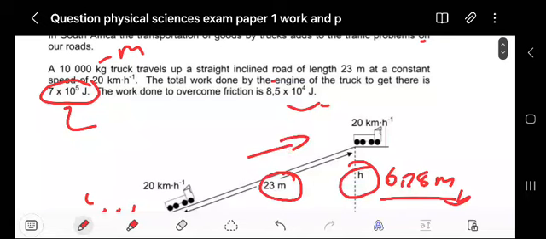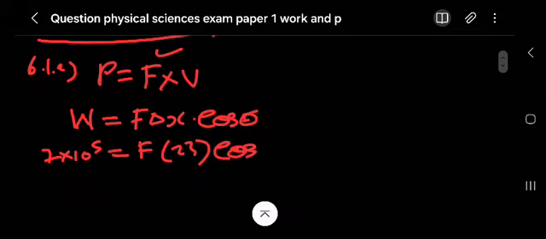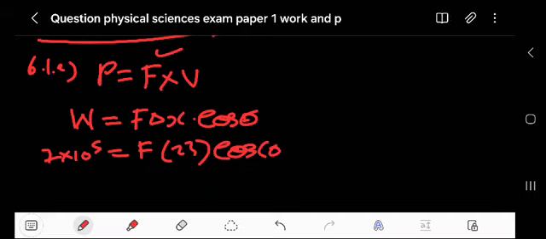The object goes in this direction, and the force also goes up, so what will be the angle? The angle will be 0, right? Cos of 0 is 1.